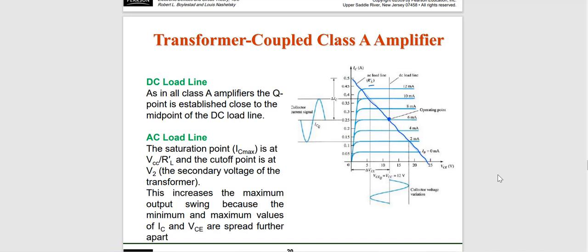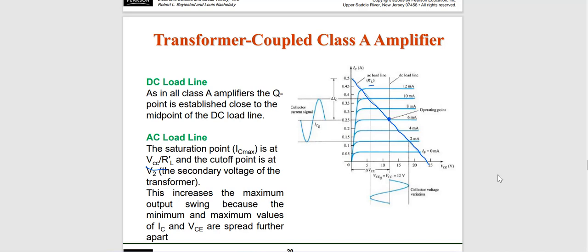We can see that the IC max is at VCC per R'L, and the cutoff point is at V2, the secondary voltage of the transformer.